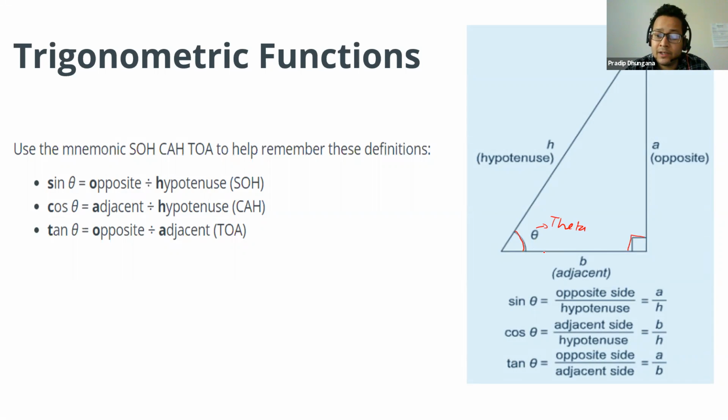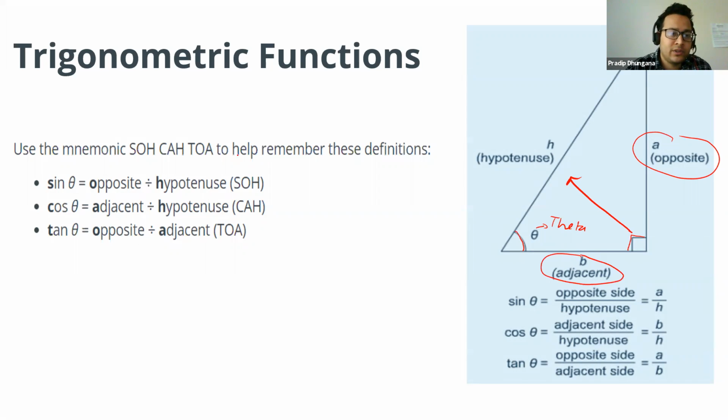The side that has theta and the right angle is called adjacent. The side that only has the right angle, or 90 degrees, is opposite. The side that is exactly opposite to the right angle is the hypotenuse. In that way you can identify adjacent, opposite, and hypotenuse.